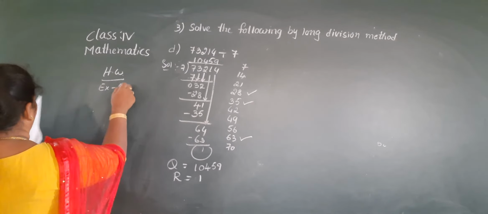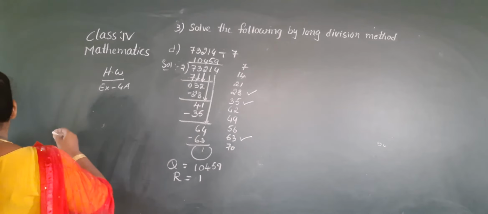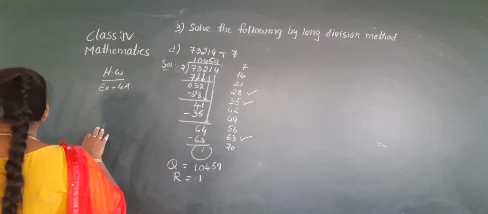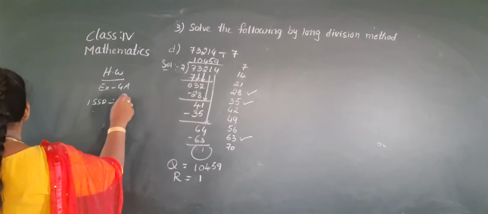Exercise 4A, homework problems. Note down, children. Dot method. First Roman, C: 1552 divided by 8.